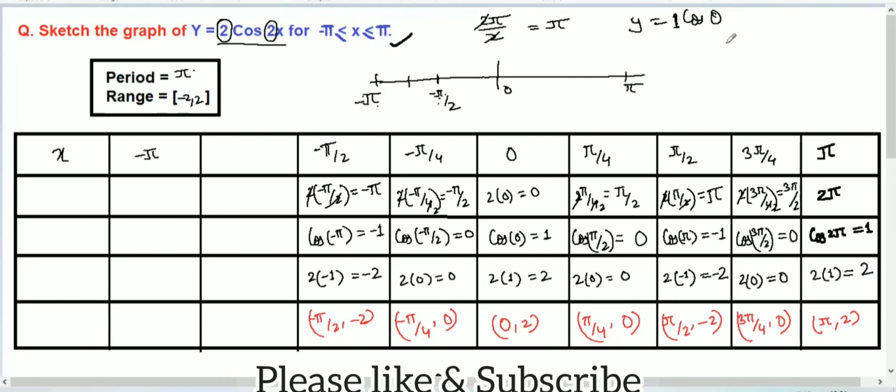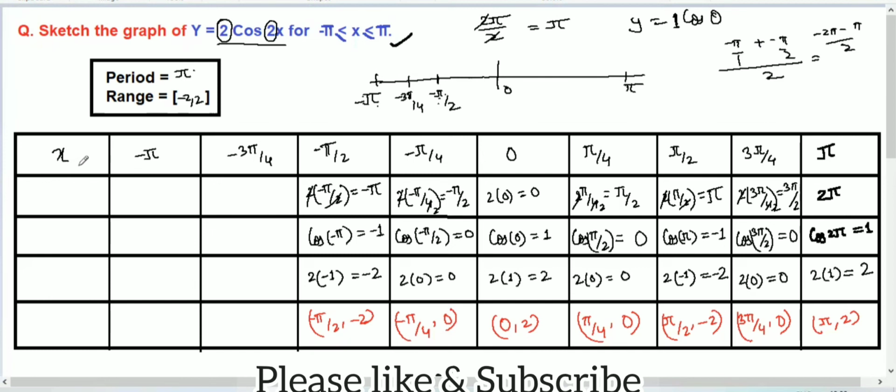Let's draw it here. So minus pi plus minus pi over 2, and half of this I have to take. So calculate it here: minus 2 pi minus pi over 2. So this will be minus 3 pi over 4. So the second will be minus 3 pi over 4.